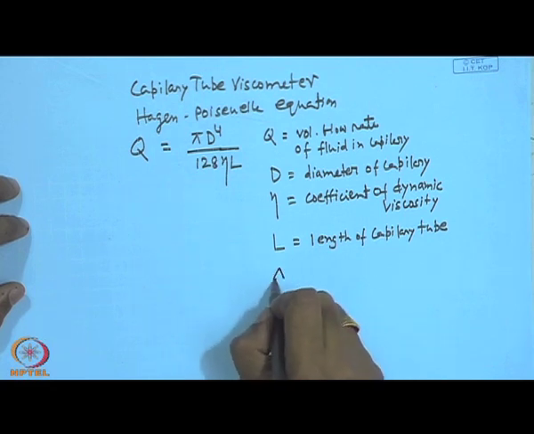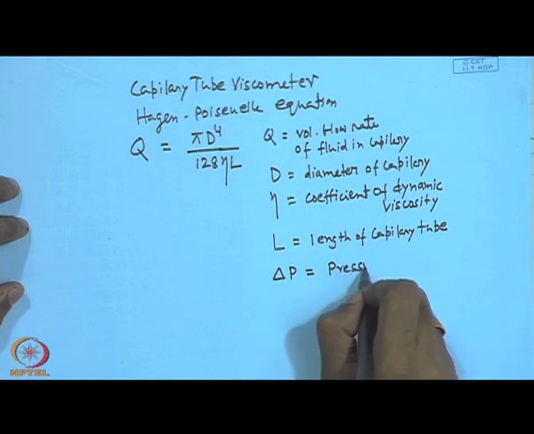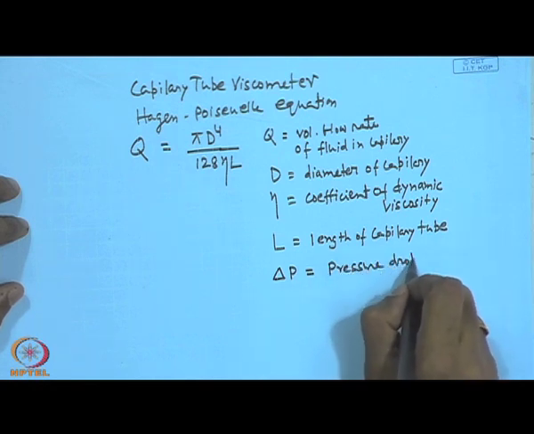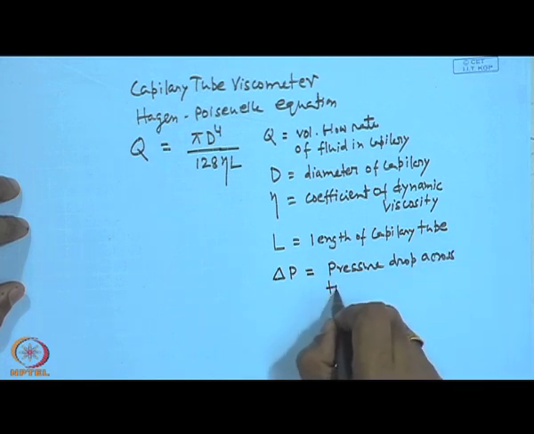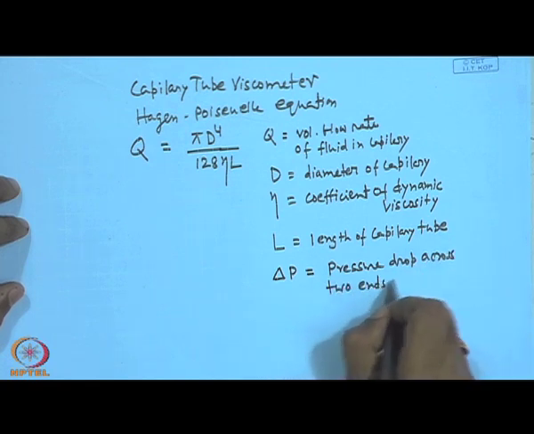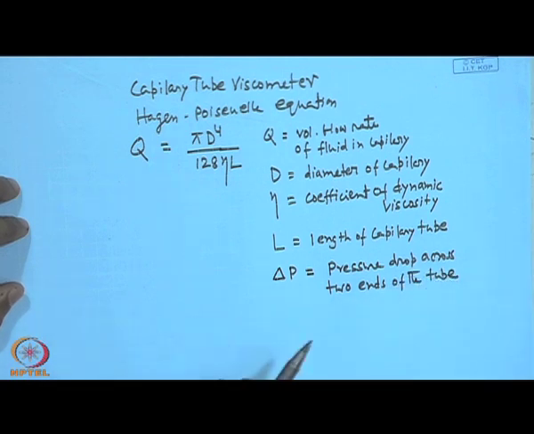And delta P is pressure drop across two ends of the capillary tube.